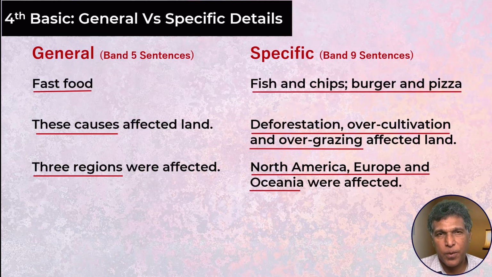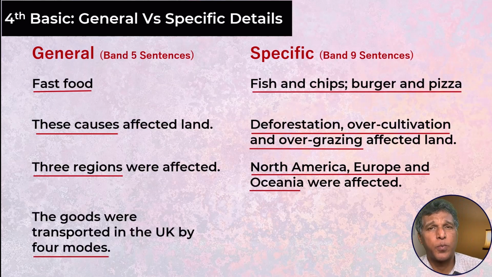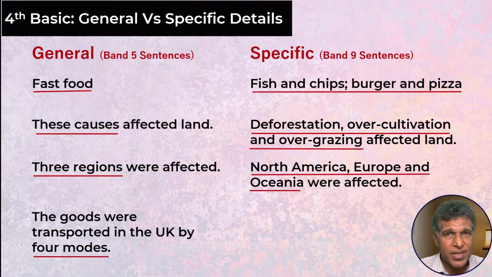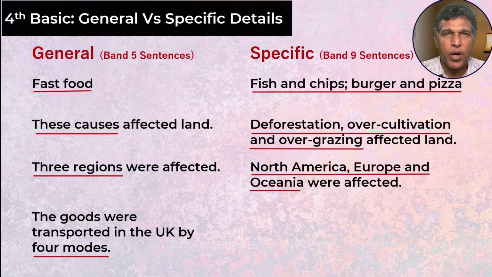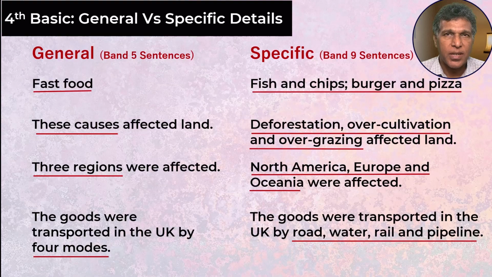The fourth example, the goods were transported in the UK by four modes. You can see that you are not specific about four modes. But if you say by road, water, rail, pipeline, now the examiner says this student knows how to report. Think of it this way.